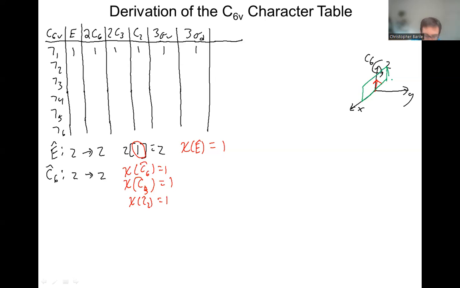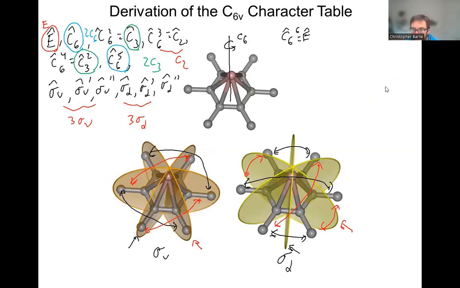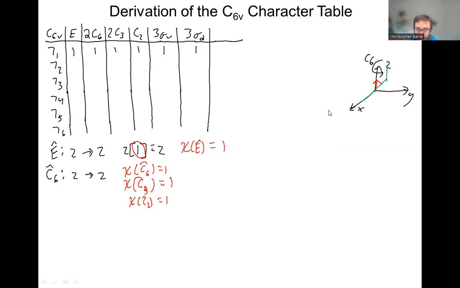We know it has to be in the z plane because it bisects the central atom there. The point is that the vector z is in this mirror plane, so it doesn't change. So again, we're going to get chi, the character of sigma v, is equal to 1.